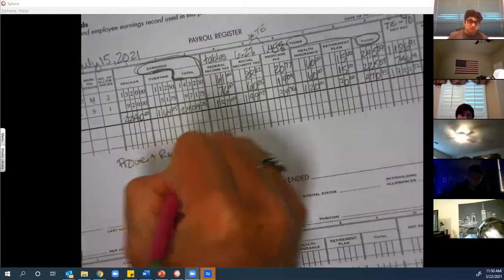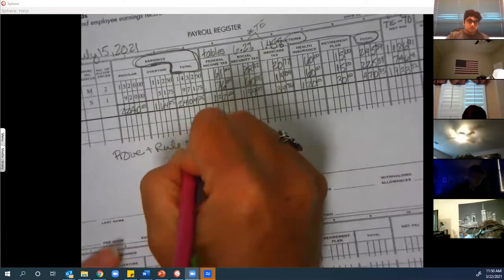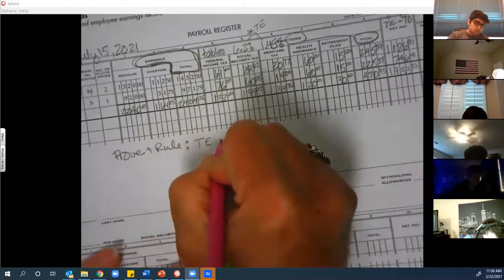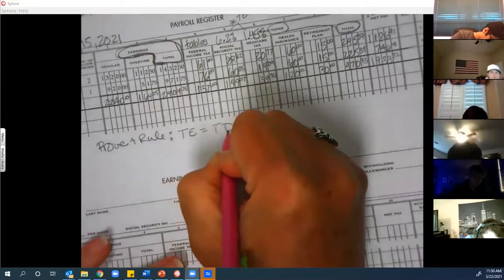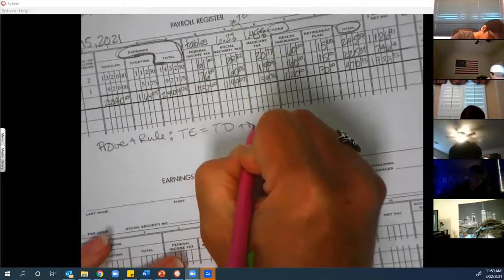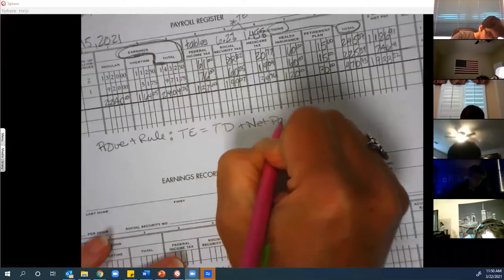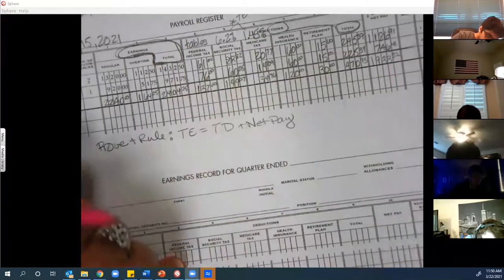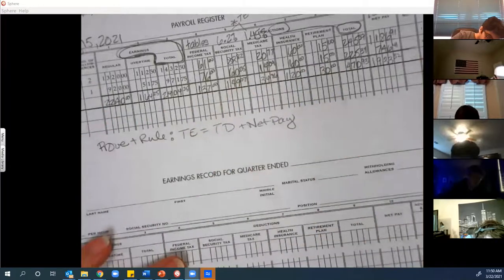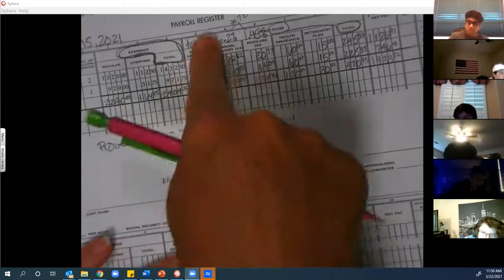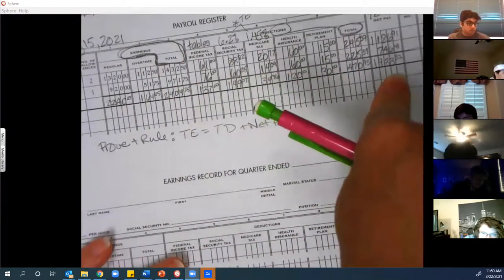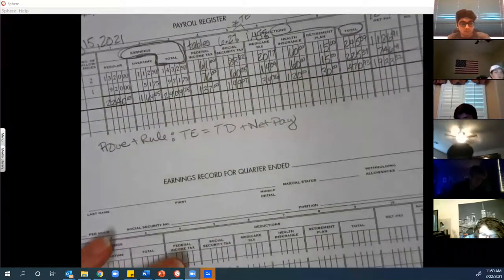Instead of going this way and subtracting across, we're going to work backwards, just to make sure everything looks good going down and going across.